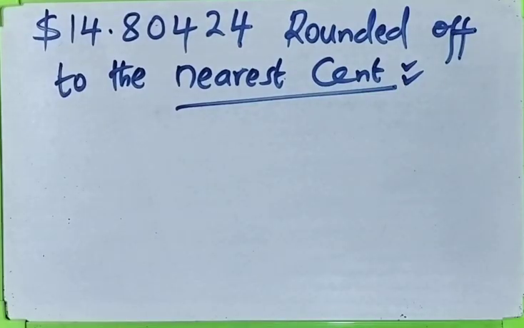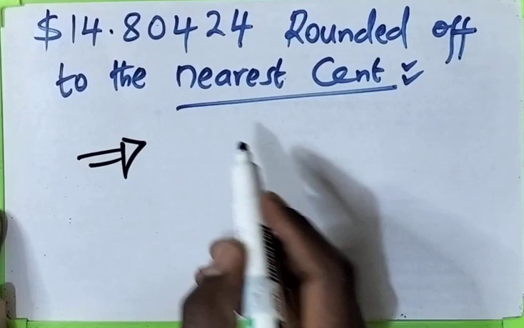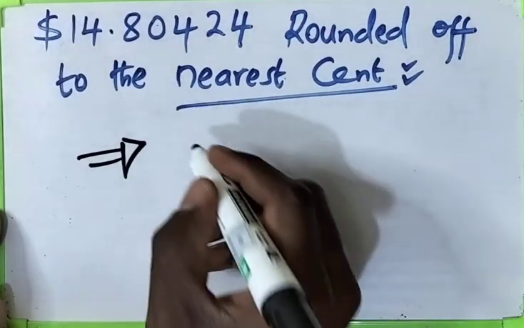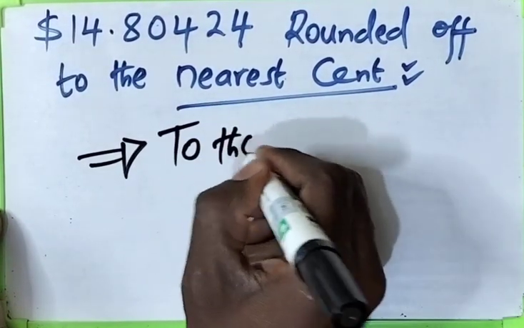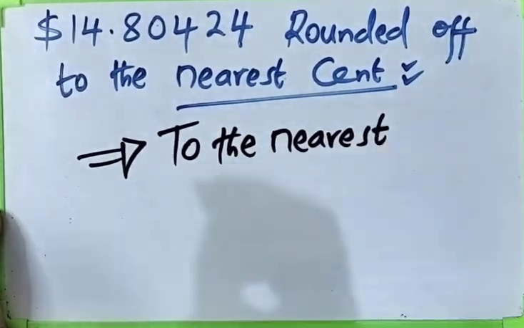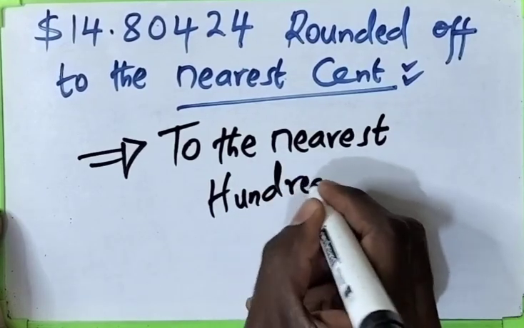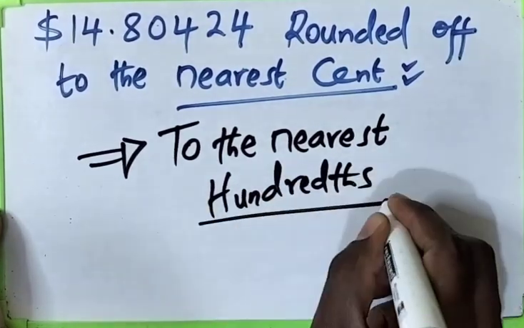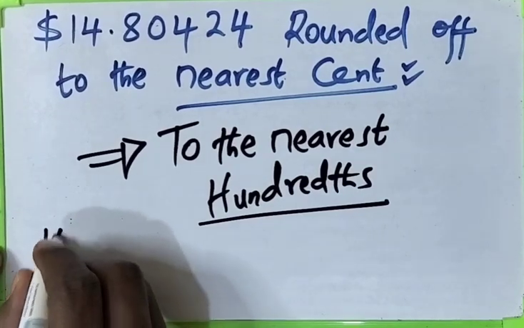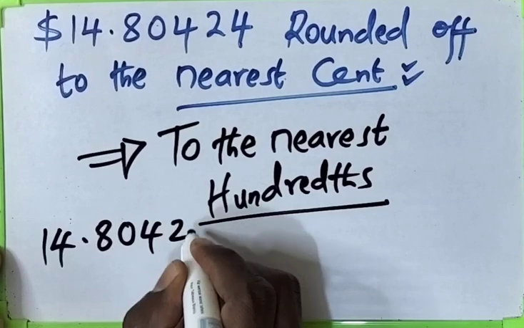When it is about rounding off to the nearest cents, this is equivalent to rounding off that figure to the nearest hundredths. So from the decimal we have, of course, 14.80424.